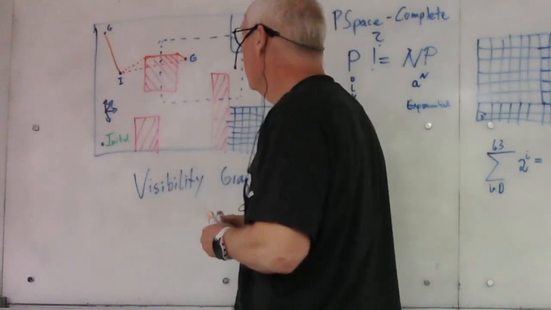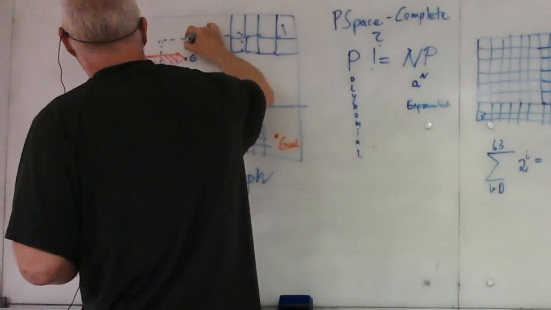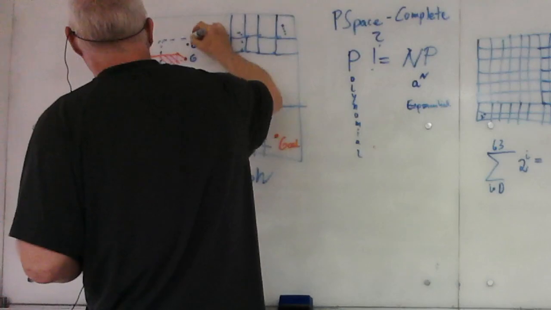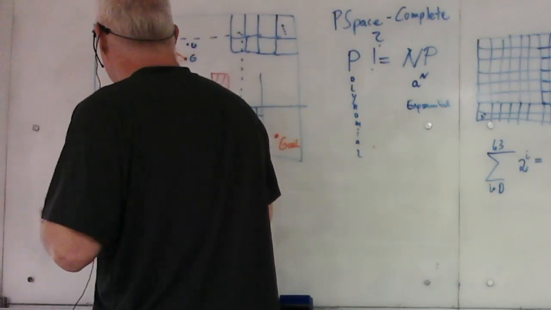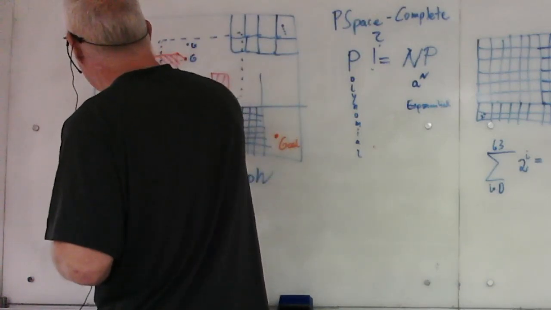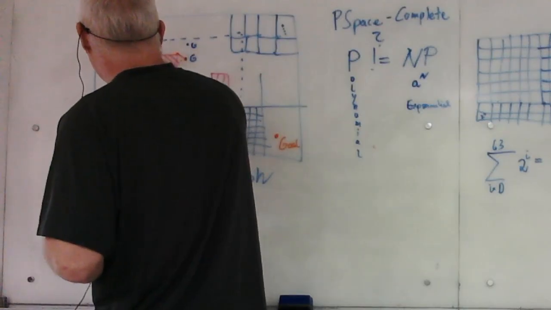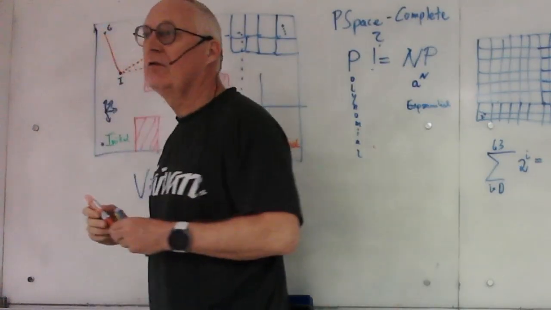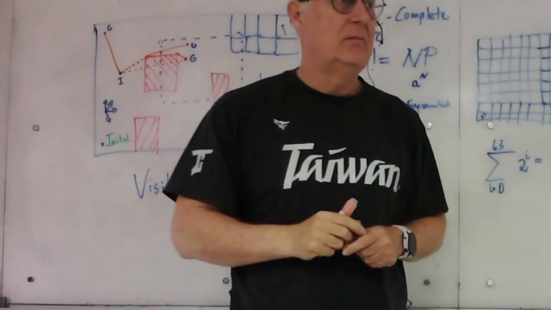Now, if my goal is here, then it will be the same at the beginning, except then from here to there I can go in a straight line.